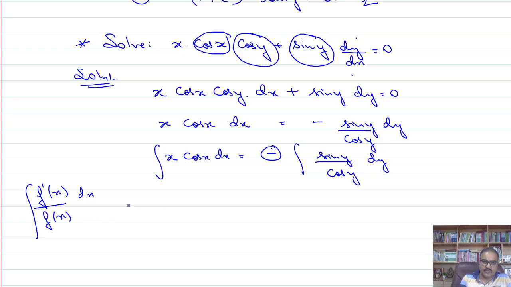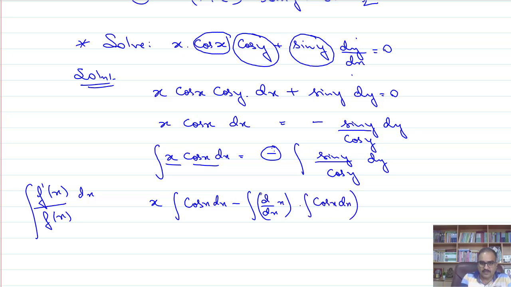So the value will be log of f of x और यहाँ पे लगेगी u into v फॉर्म. तो x as it is integral of cos of x dx minus integral d by dx of x into integral of cos of x dx complete के integral dx is equal to, यहाँ पे फॉर्मूला लग गया log of mod cos y plus c.